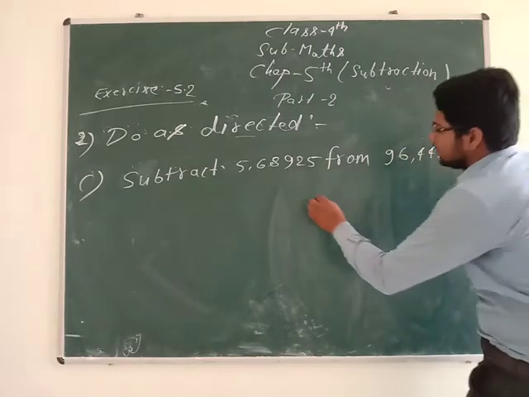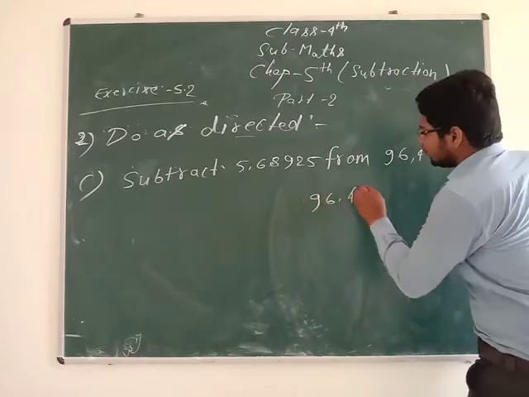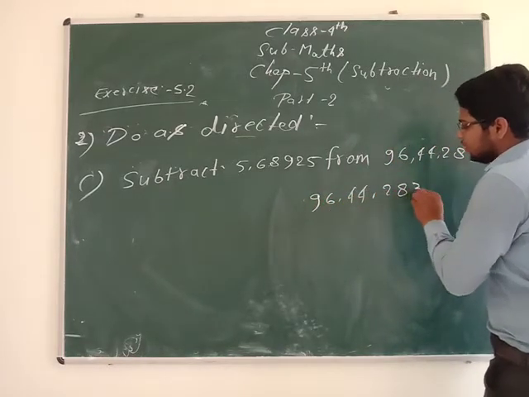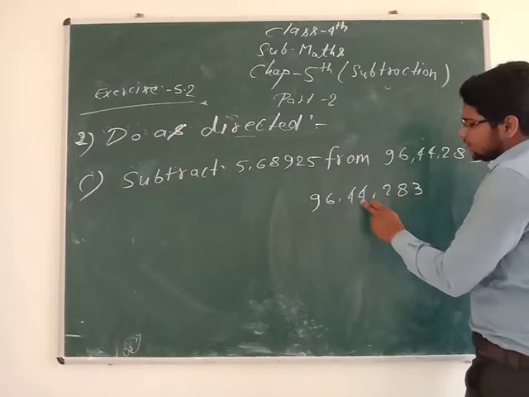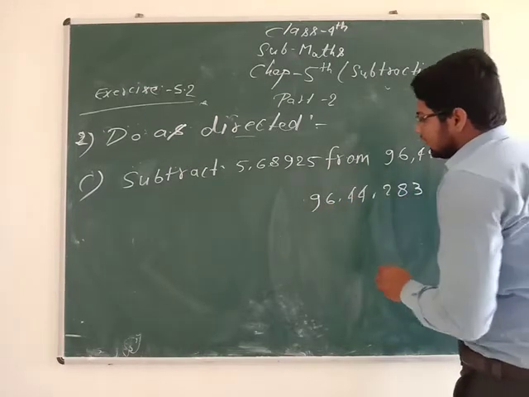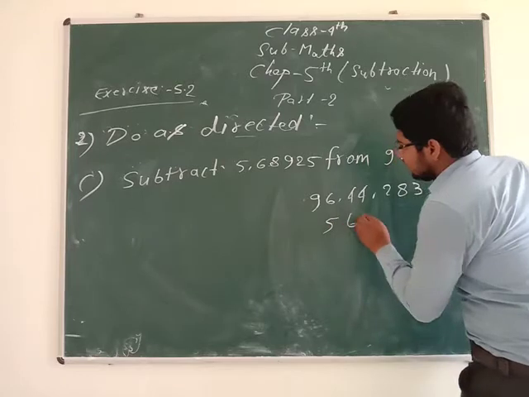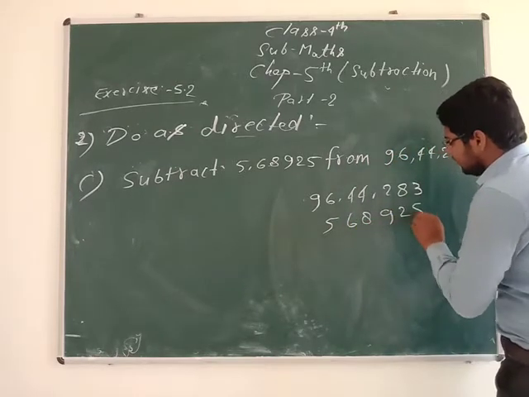So let's subtract 96,44,283. As you can see, ones, tens, hundreds, thousands, ten thousands, lakh. Now subtract 5,68,925.